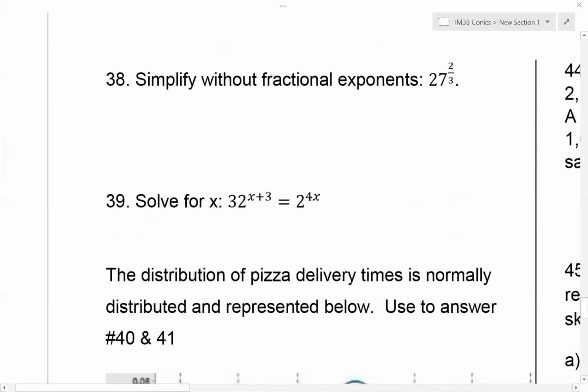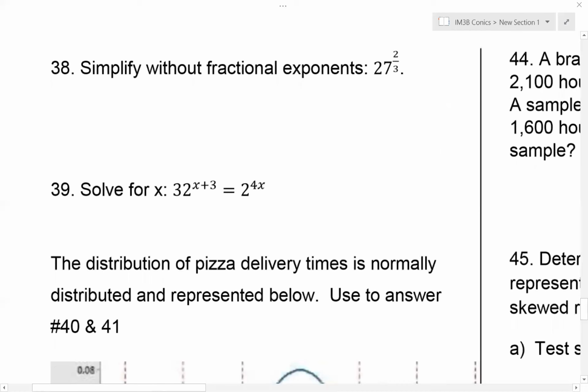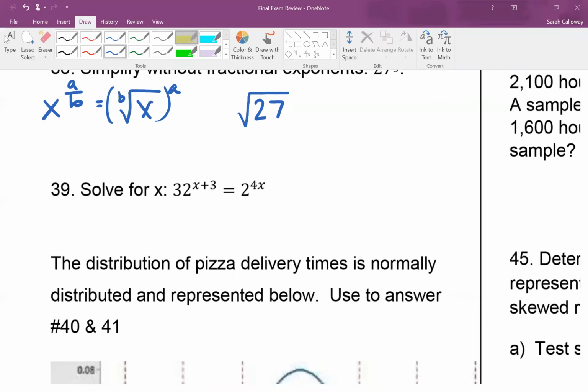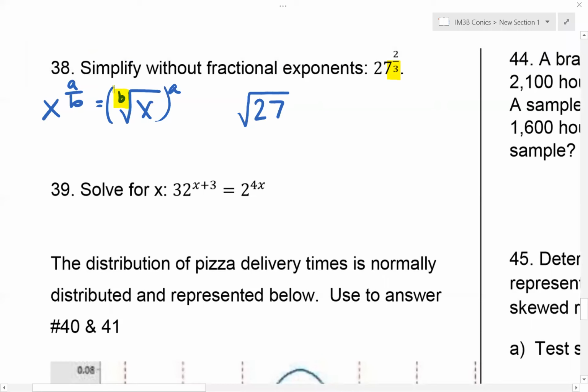Okay, on to the last page. Fraction exponents, remember the idea here is that if I have x to the a over b power, that's equal to the b root of x raised to the a power. So 27 is my x, essentially. A is 2, b is 3. So if I put 27 inside the radical, the 3 is going to go in front.